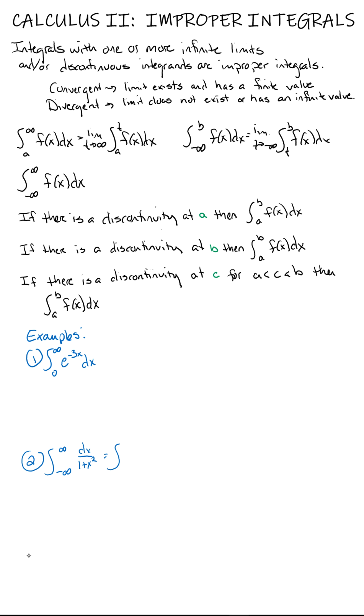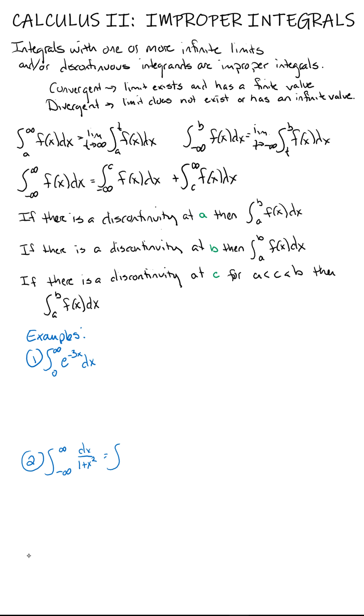Now, if both limits of integration are infinite, one in the negative and one in the positive direction, so we're going to take the integral from negative infinity to positive infinity of f of x dx, we'll actually split this up and go from negative infinity to some value, I'll call it c, of f of x dx, plus the integral from c to infinity of f of x dx.